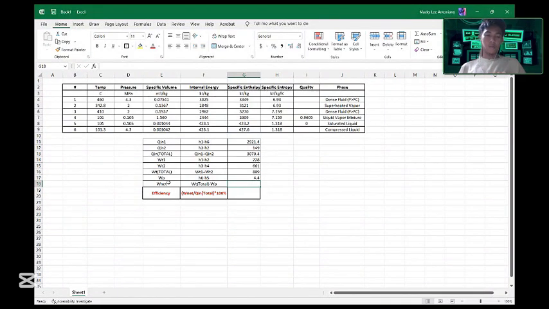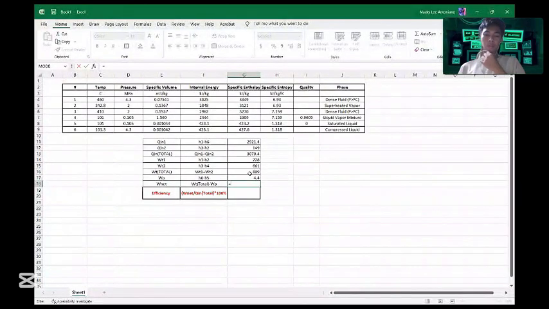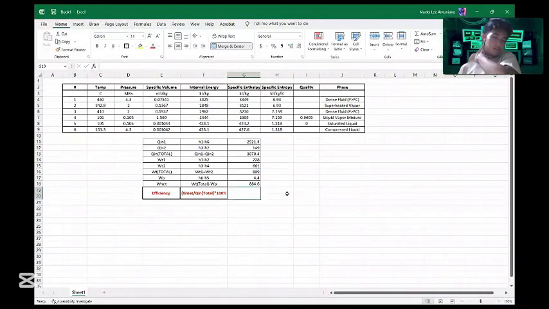Then we are going to solve the work net. Work net, the formula of it, is work turbine total minus the work pump. So 889 minus 4.4, we have the value of 884.6 for our work net in kilojoule per kilogram.